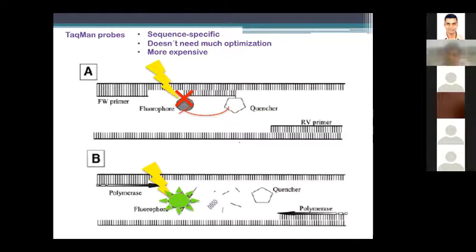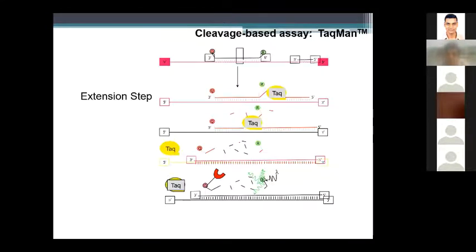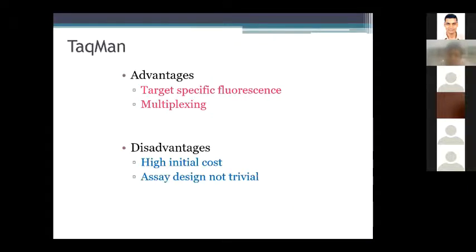So in the cleavage-based assay, the quencher and reporter dyes are bound at specific portions of the 3' and 5' ends, and when the Taq polymerase extends the synthesis in this direction, the quencher and reporter dyes are separated, and the reporter dye releases fluorescence of different wavelengths, which is detected by the instrument.